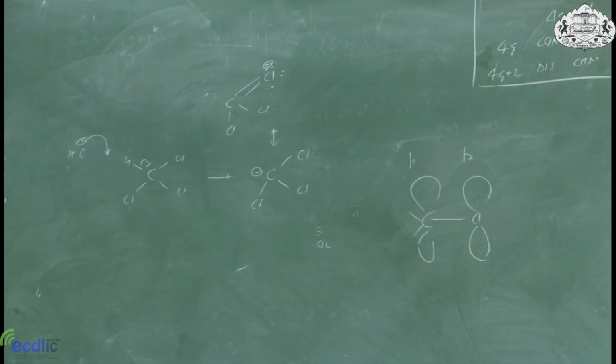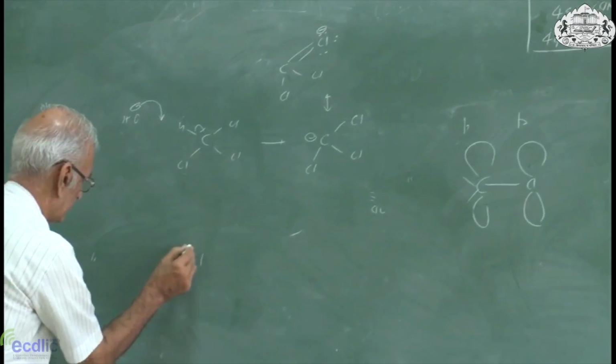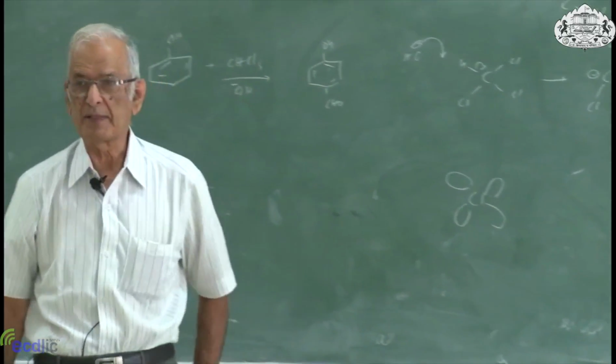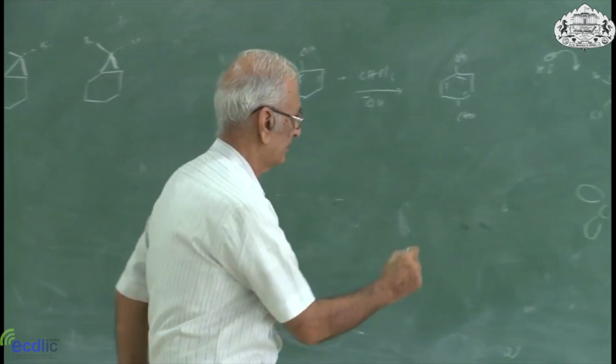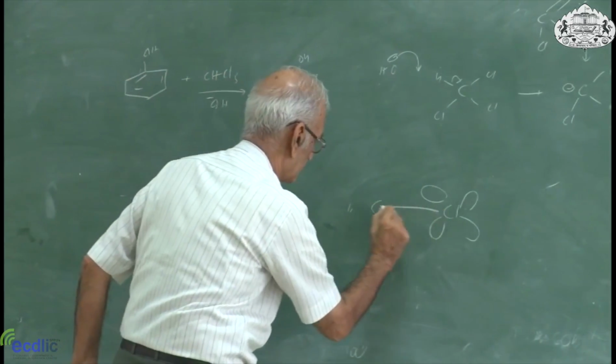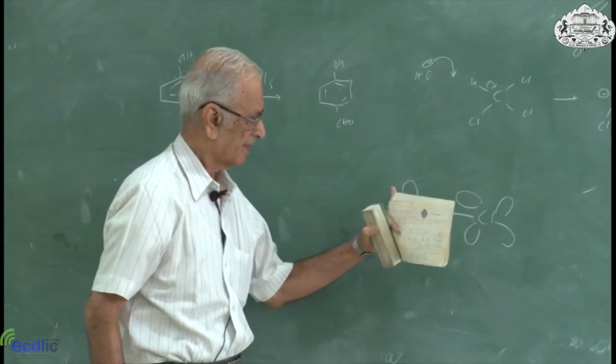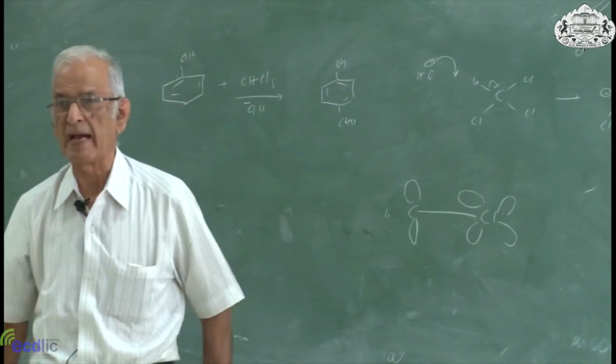When I look at a d orbital, your d orbitals are in this shape. And now what is this? They are not perfectly parallel to each other.